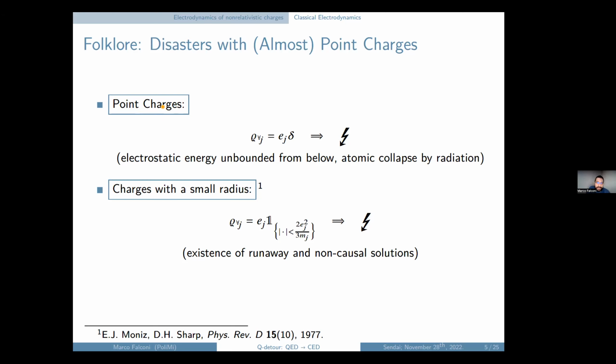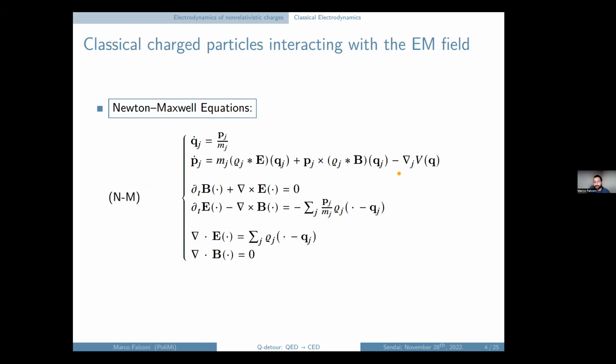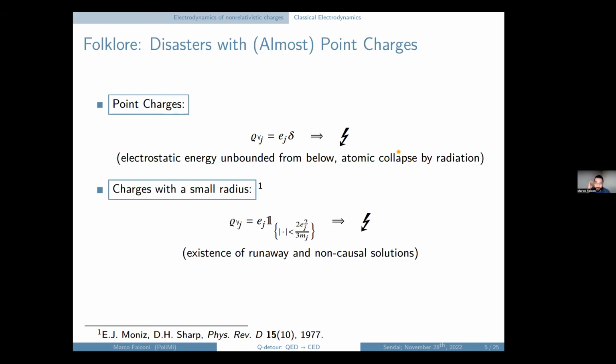The first result, which is very well known, is that if we take the charge distribution to be a delta distribution, concentrated in a single point, we have a problem. The electrostatic energy, the energy coming from this electrostatic force here, is unbounded from below. This is not the only problem, but the most well-known and important one.